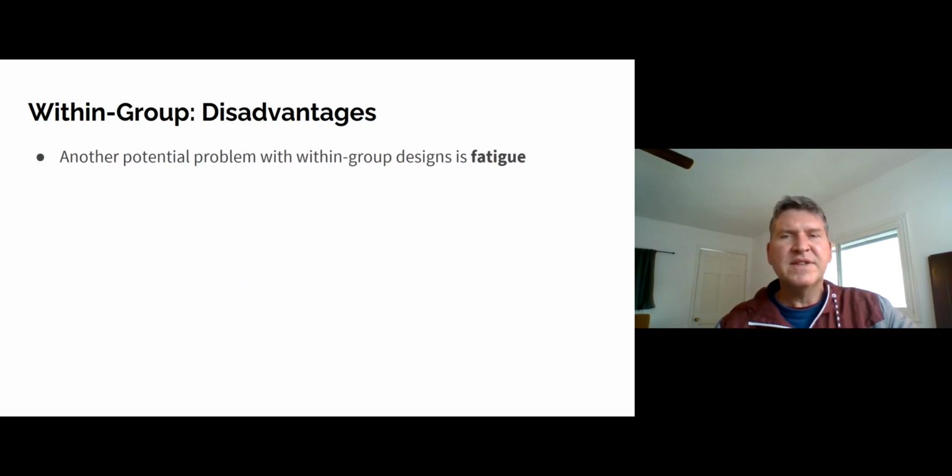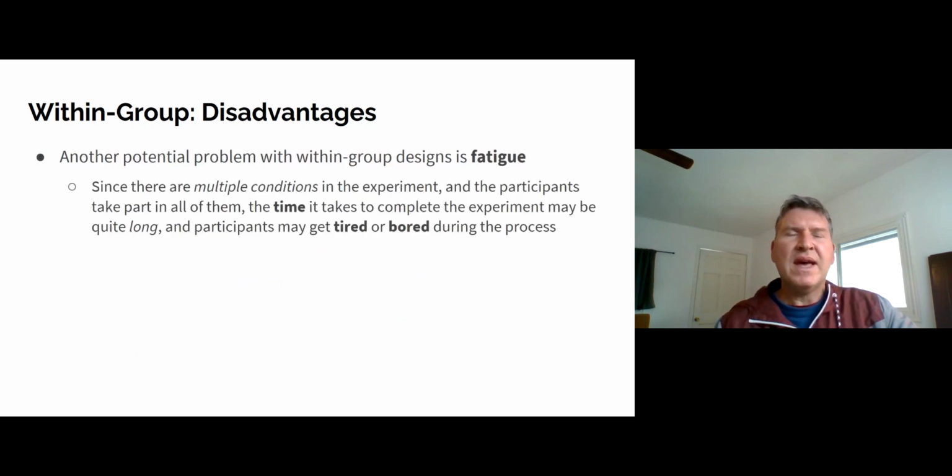So another one is fatigue. If we ask somebody to type a 500-word document and they're doing it 3 times, the third time they do it, they're going to either get tired or they're going to say, what am I doing? Why this? I have better things to do. And so this is going to affect the time if that's the dependent variable we're trying to evaluate.